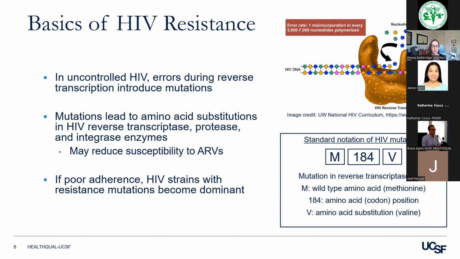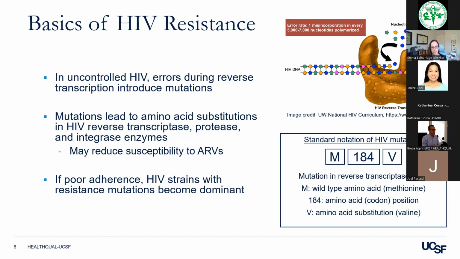And they lead to amino acid substitutions in the proteins that HIV makes, or rather, HIV makes with our own machinery. So the HIV reverse transcriptase, protease, and integrase enzymes are all affected by mutations, and those, of course, are our targets for our antiretroviral drugs.